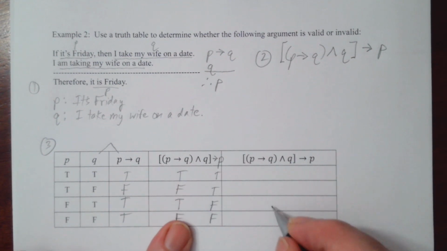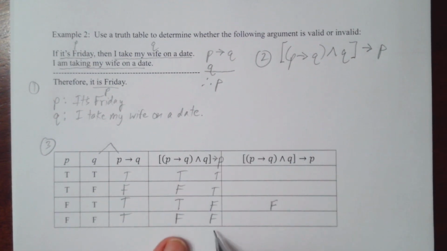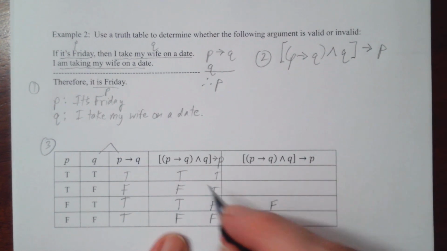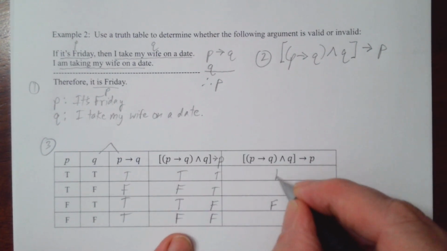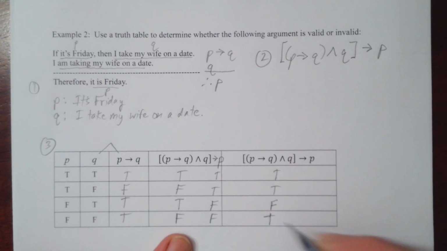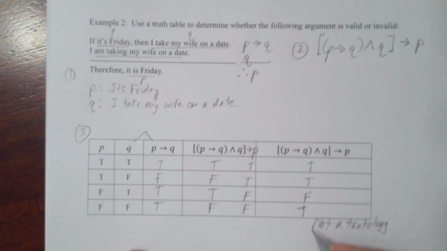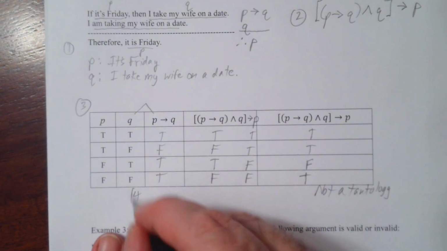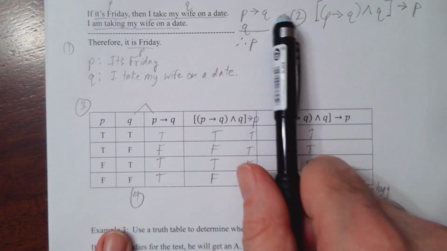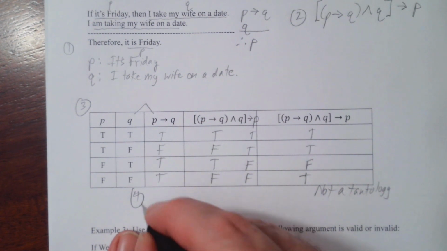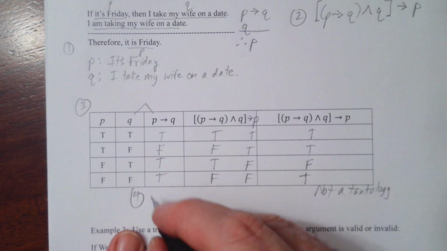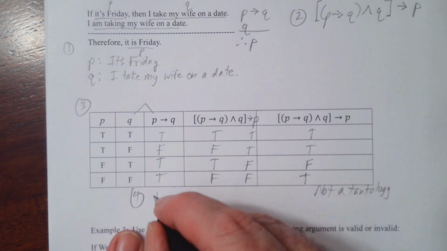And we have true, false here. So that's false. Everywhere else we're good. There's no other true, falses. So these are true statements. So notice this is not a tautology. So we were supposed to determine whether the argument is valid or not. So we would just say invalid argument.